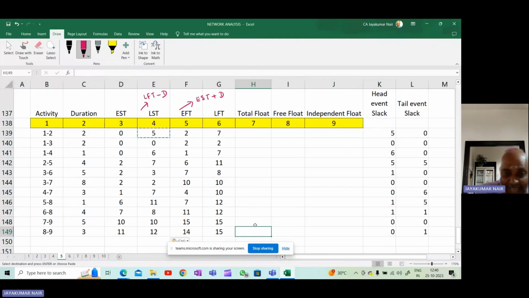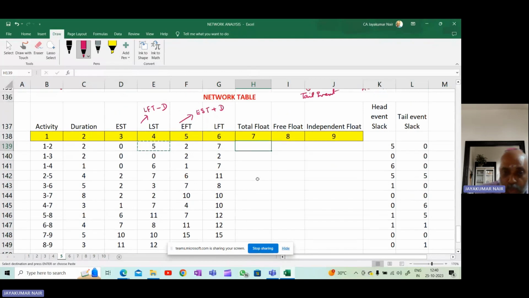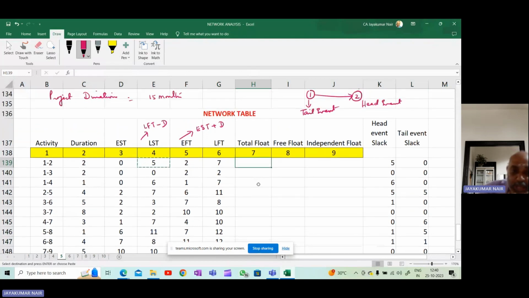EST, LST, EFT, LFT. Now, what is the total float? Total float will be equal to LST minus EST. So it could be LST minus EST, late start minus early start, or it could be late finish time minus early finish time.